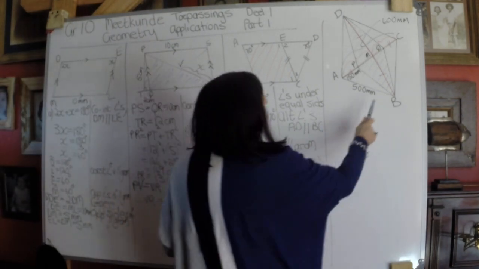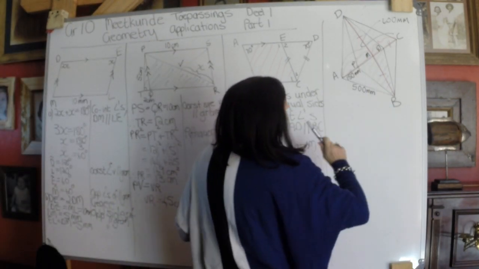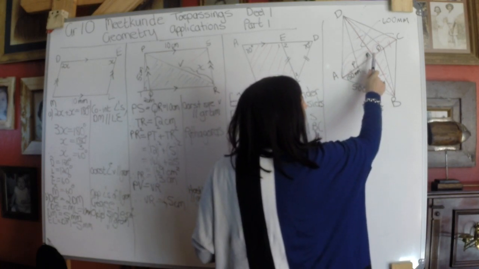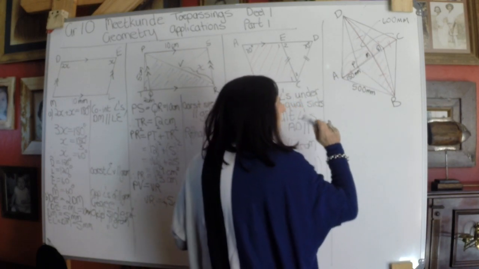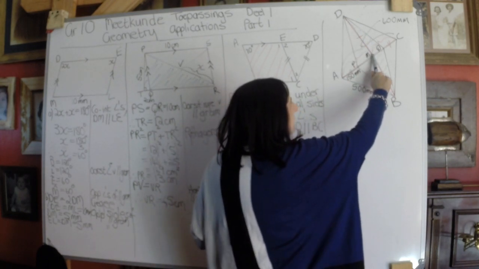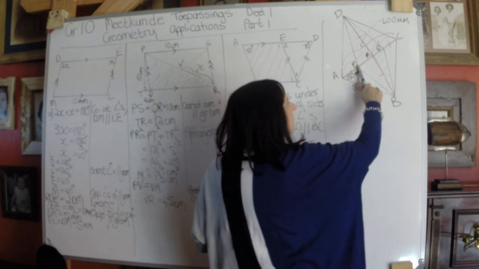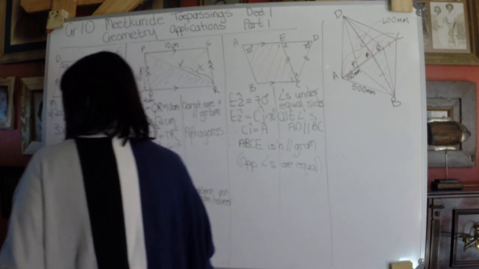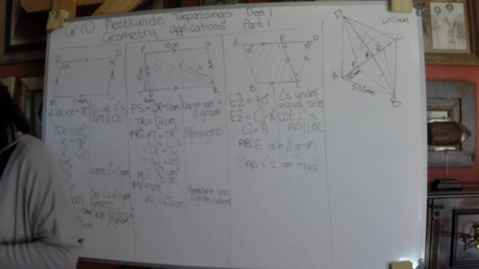Die maklikste manier om te gaan bewys dat daai 'n parallelogram is, is om net doodeenvoudig te gaan bewys dat PM gelyk is aan NQ. Because if I can prove that PM equals NQ, then that equals that given, that equals that, and that's a parallelogram because diagonals bisect each other.